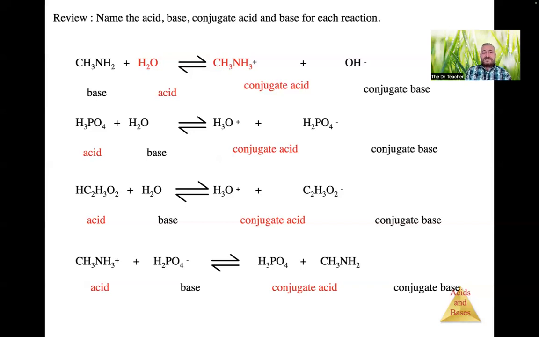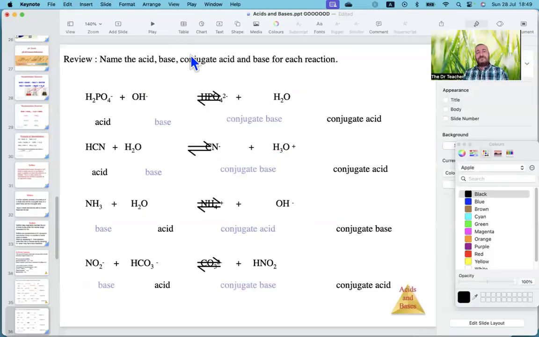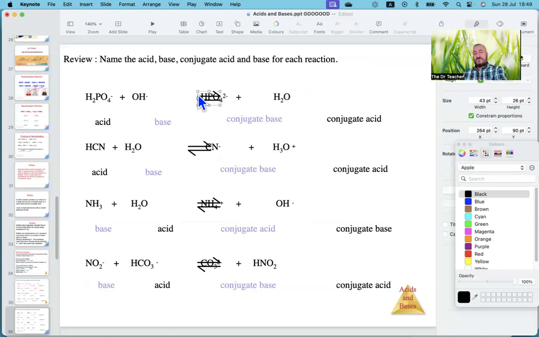So in this case, the acid formed the conjugate acid, which is H3PO4. You can reverse it, and you will find H3PO4 is an acid, like sulfuric acid. So we name the acid and base as we said before. Again, there is a disaster here. We have to move these arrows.